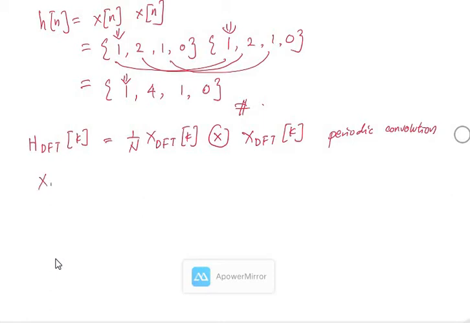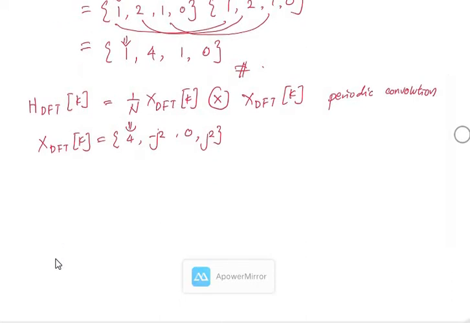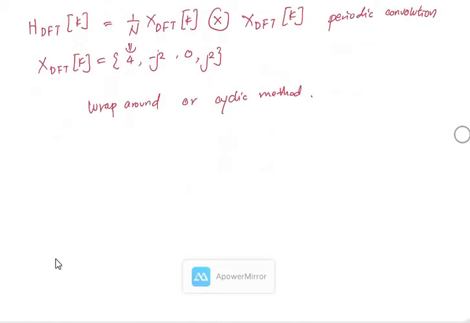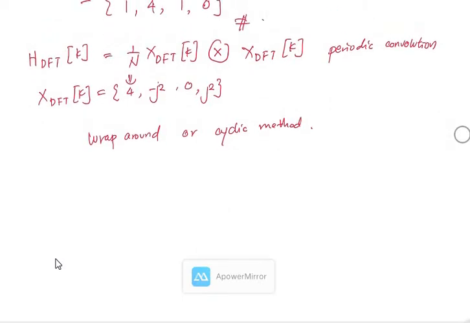Given the X DFT[k] is 4, negative 2j, 0 and 2j, you can either use the wraparound or the cyclic method. First of all, we need to determine the first index. The first index is 0 because the left-hand side has nothing.